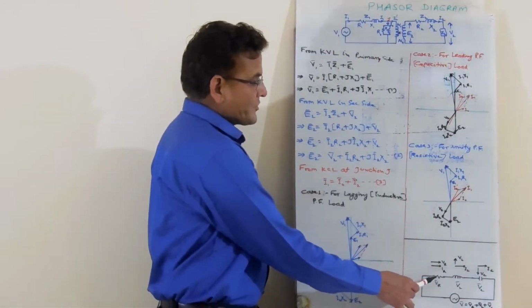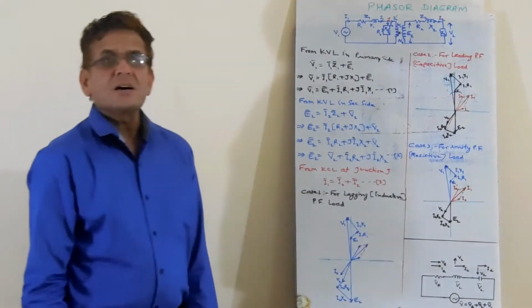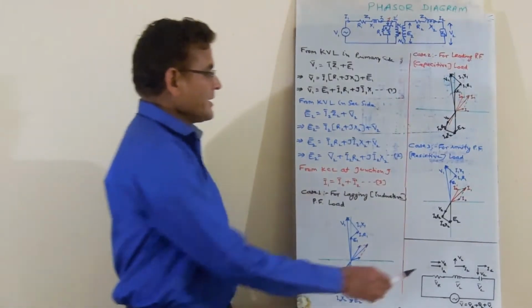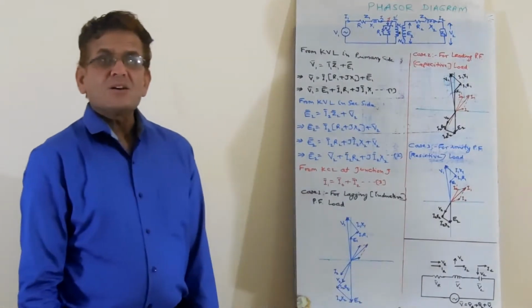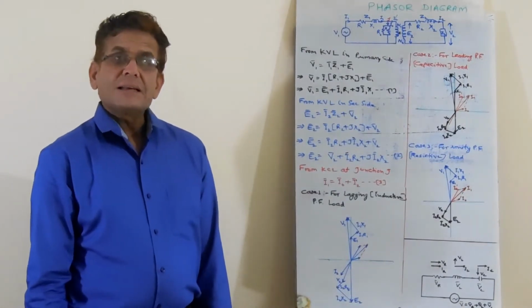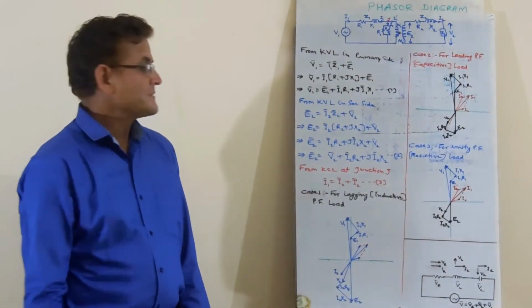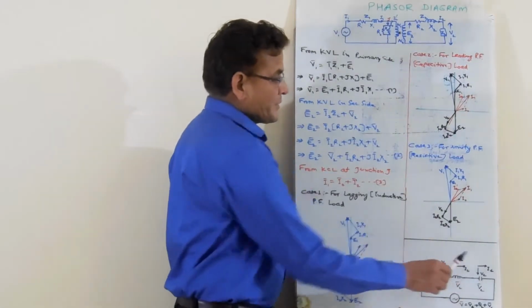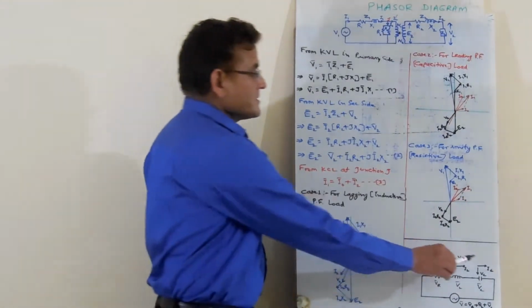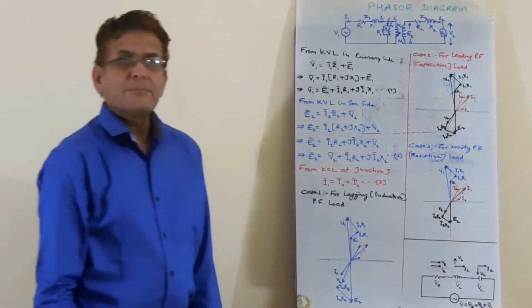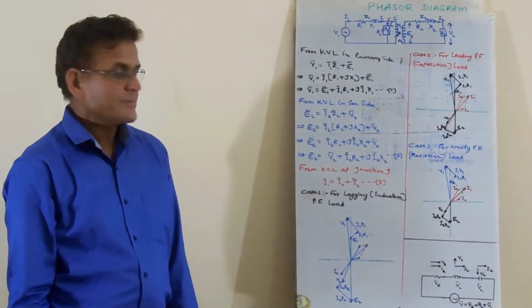So in pure resistance, voltage and current are in same phase. In pure inductance, current lags the voltage by 90 degree. And in pure capacitor, current leads the voltage by 90 degree.